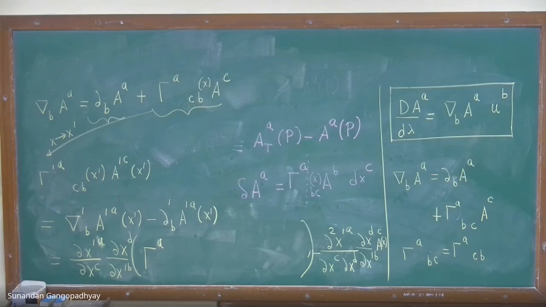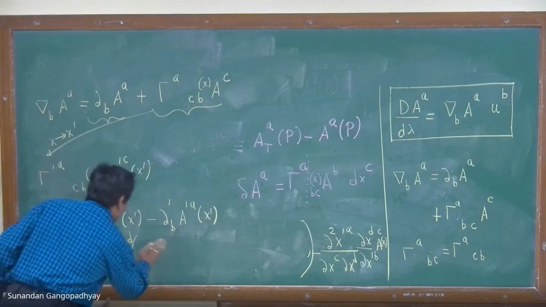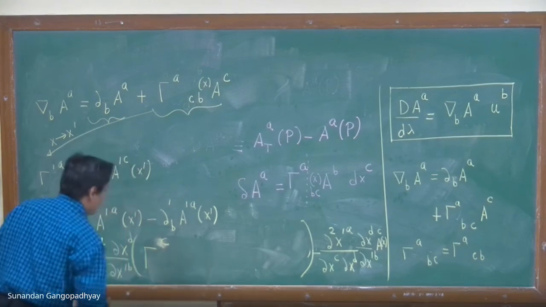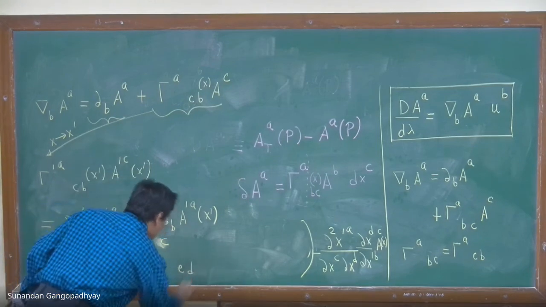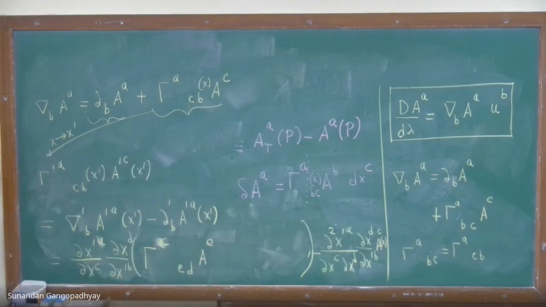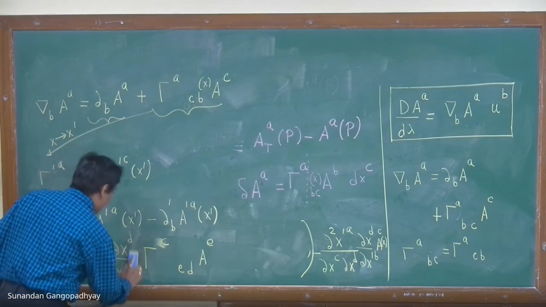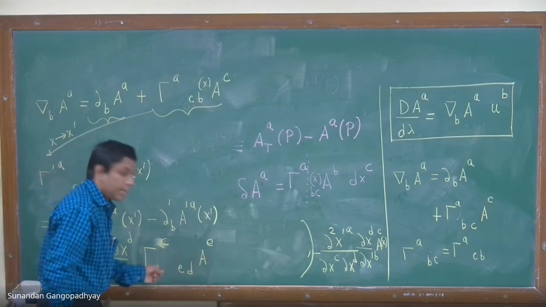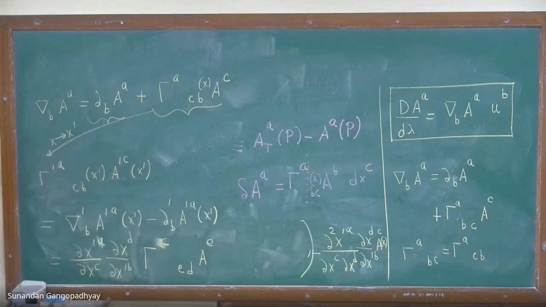So that we can actually write it down as gamma c grad. Yes, this is correct. This is grad d AC minus that thing.